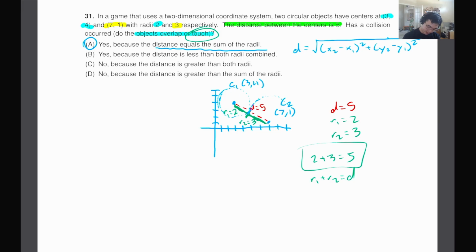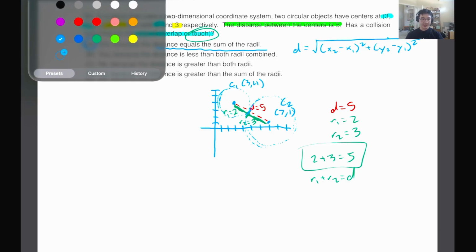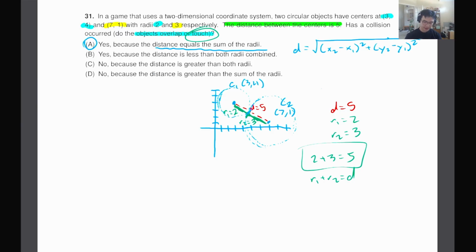It's okay if my circle is not perfectly drawn to scale, as long as I have a geometric sketch to visualize and see that the distance would be exactly equal to the 2 furthest reaches of the radii.